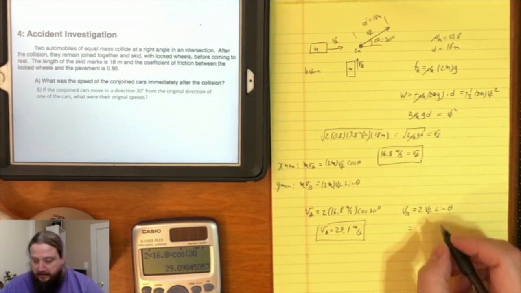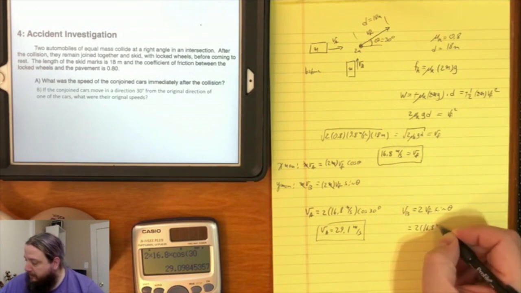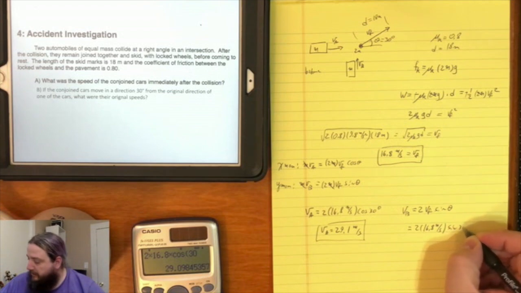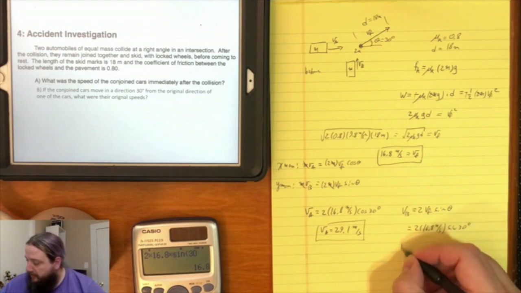So that's 2 times 16.8 meters per second times the sine of 30 degrees. So 2 times 16.8 times sine of 30 is 16.8.